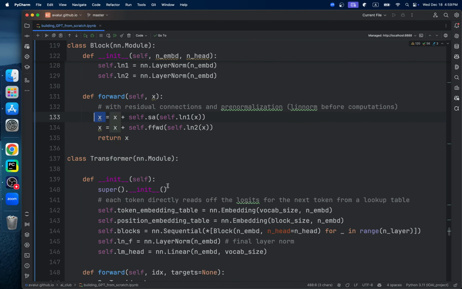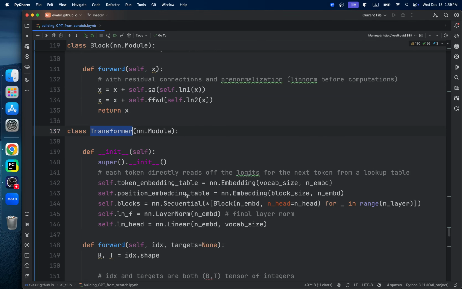And the whole transformer model, of course, consists of these transformer blocks plus the token embedding table and position embedding table. They are the same, but you see the vocab size and the dimension of embedding. And here the final linear layer is the back transformation from embedding dimension to the vocab size.